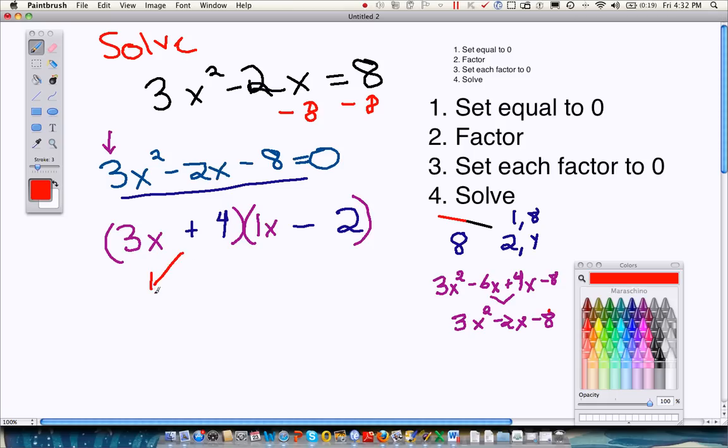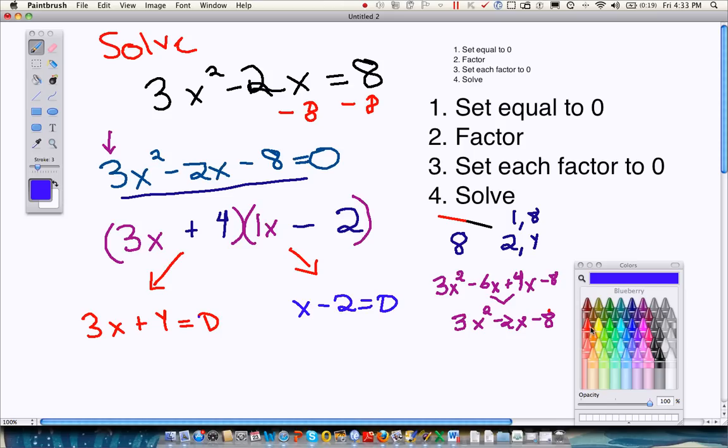Now we're going to split this up and set each factor equal to 0. What I have to do is set 3x plus 4 equal to 0. And then I have to set x minus 2 equal to 0.